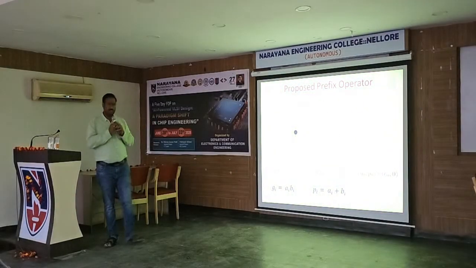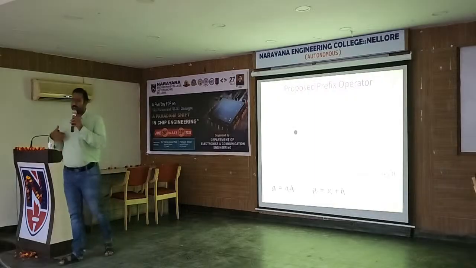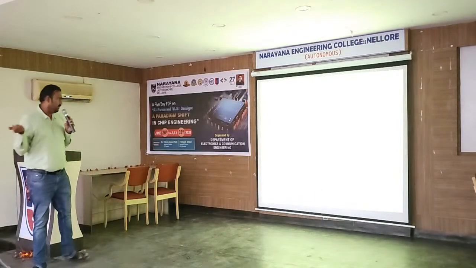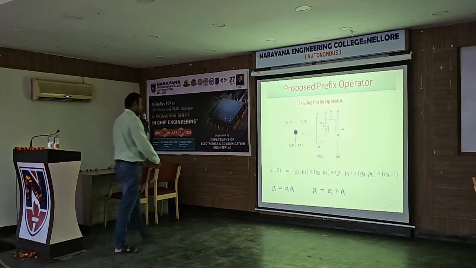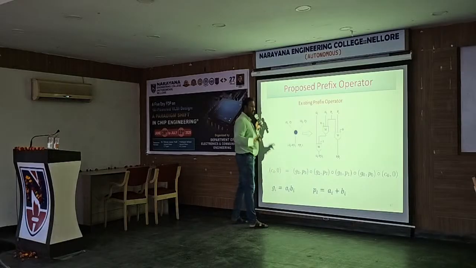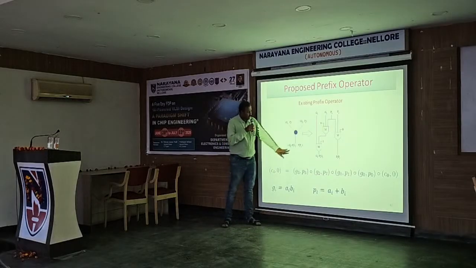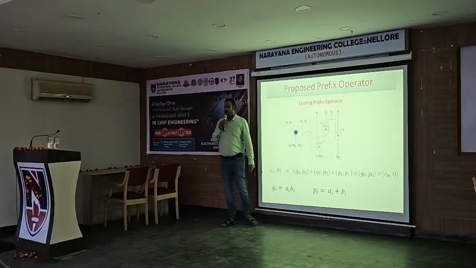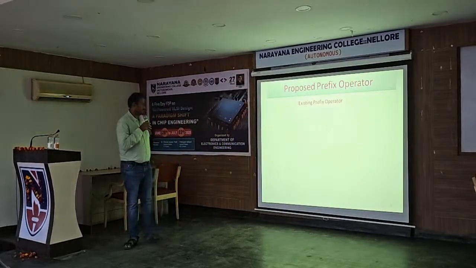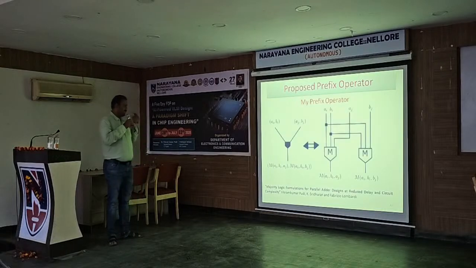And then when I joined NTU, there was a paper I was reading, and there I got something. Actually, this prefix operator, whatever is there, we can reduce to 2 majority gates, but you cannot use this formula. You have to use a different formula, then only it works. So this is my prefix operator.